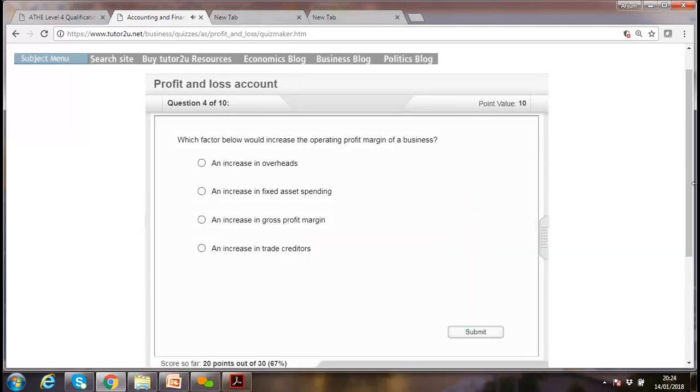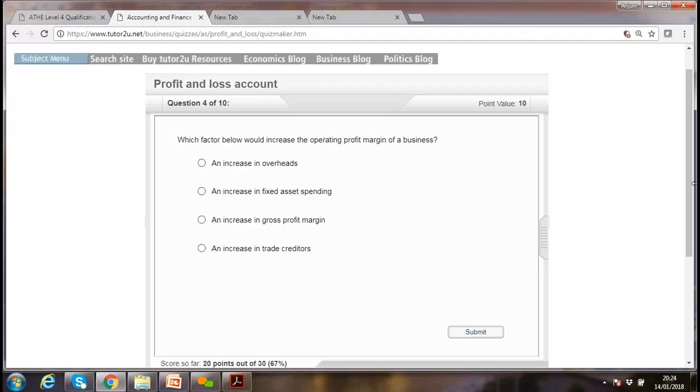Okay. Which factor below would increase the operating profit margin? Operating profit means after the gross profit, all overhead expenses are subtracted, and then we get the operating profit. Operating profit means the running profit of the business. Okay. So an increase in overhead will improve the profit. Increase in fixed asset spending will improve. Or an increase in the gross profit, because gross profit comes before the operating profit.